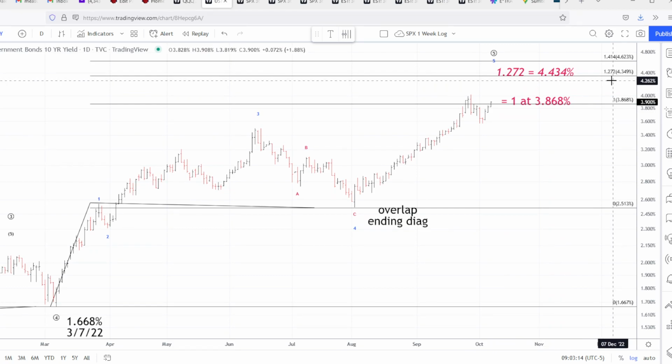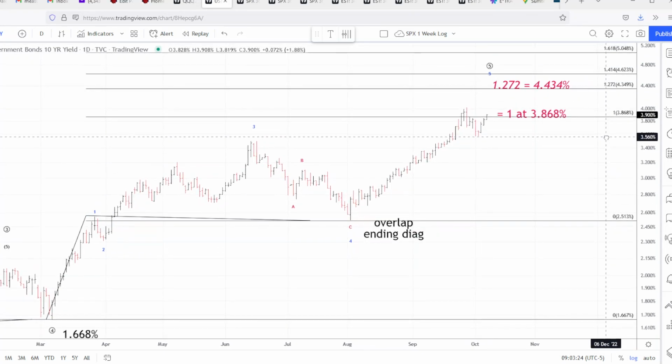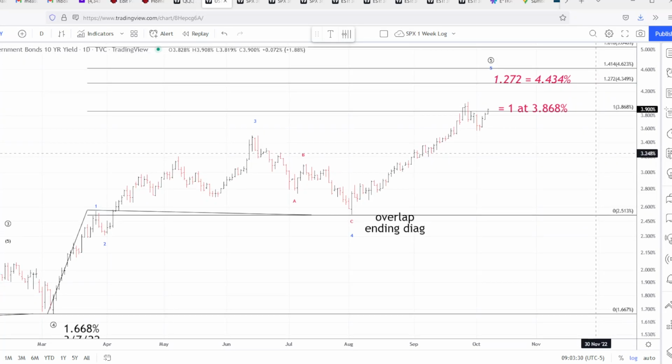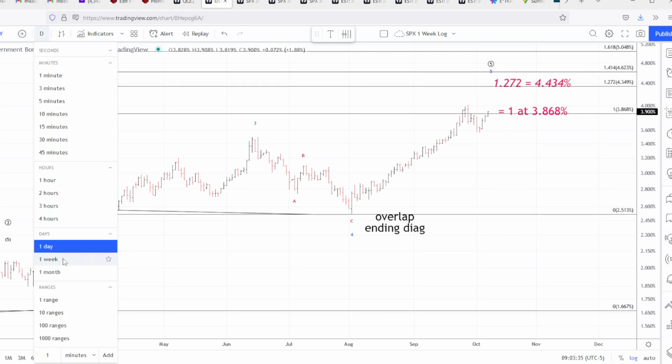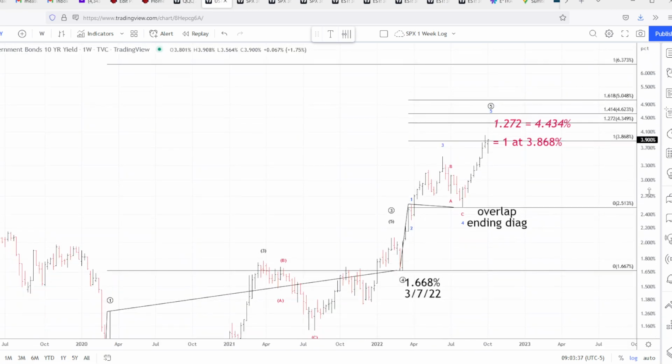The 1.272 multiple is 4.434. The 1.414 is 4.623. And if we can get that in there, the 1.618 is 5.048%.